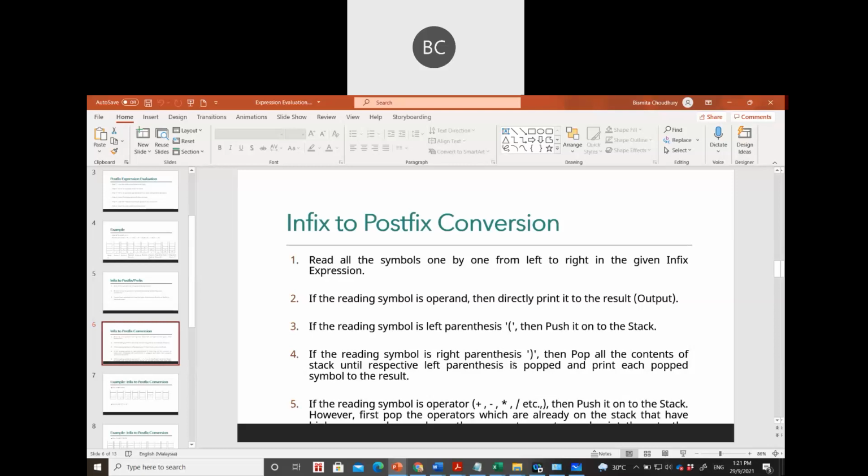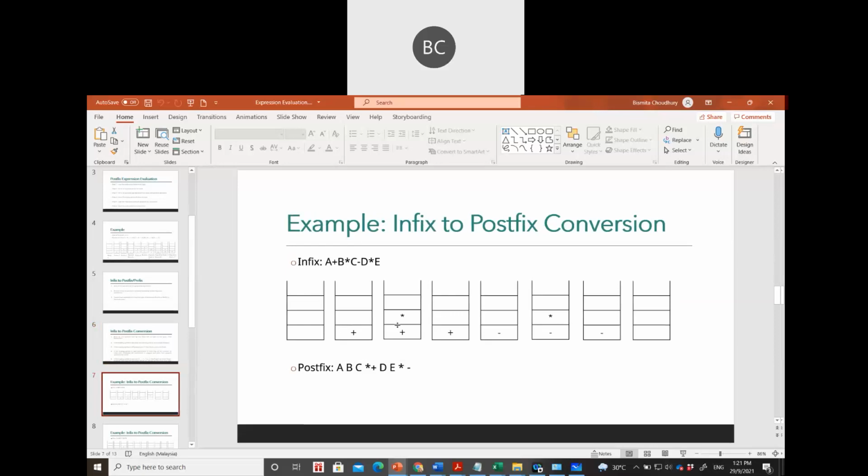Let's directly come to the example. We read each and every symbol one by one, the same process as when we evaluated the postfix, but here just the opposite. Whenever we read an operator, we push it.